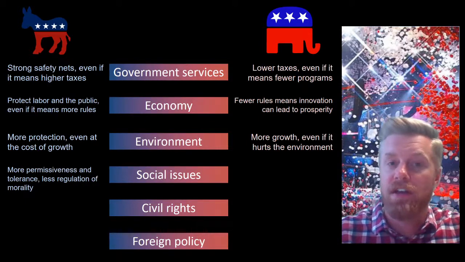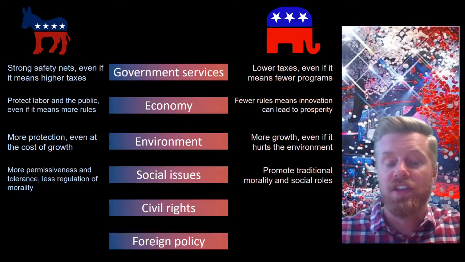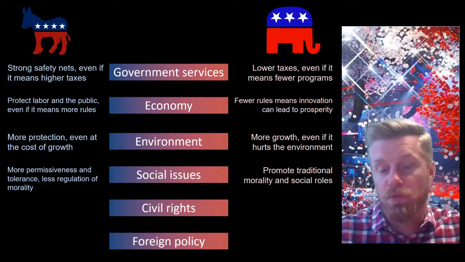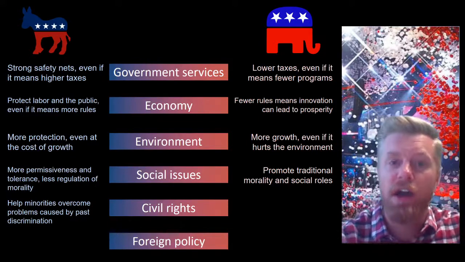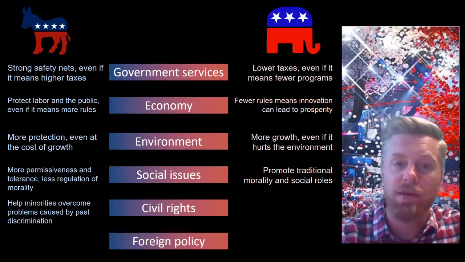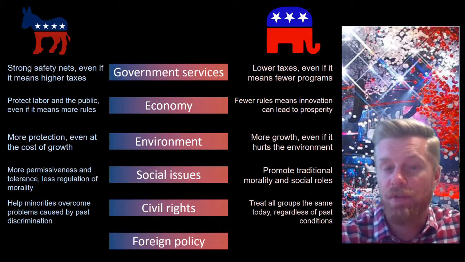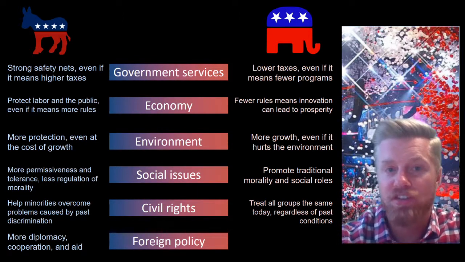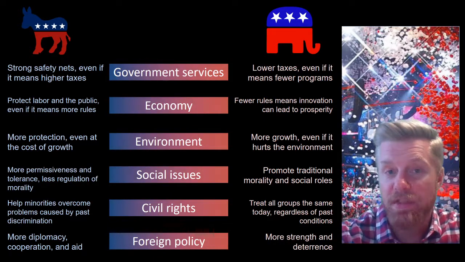We're talking here about things like abortion, about same-sex marriage, about transgender rights. And Republicans generally want to promote traditional morality, to enforce social roles more. On civil rights, Democrats generally want to help minorities overcome problems caused by past discrimination, and Republicans generally want to treat all groups the same today, regardless of past conditions. And on foreign policy, Democrats generally favor more diplomacy, cooperation, and foreign aid, while Republicans generally favor a policy of strength and deterrence.